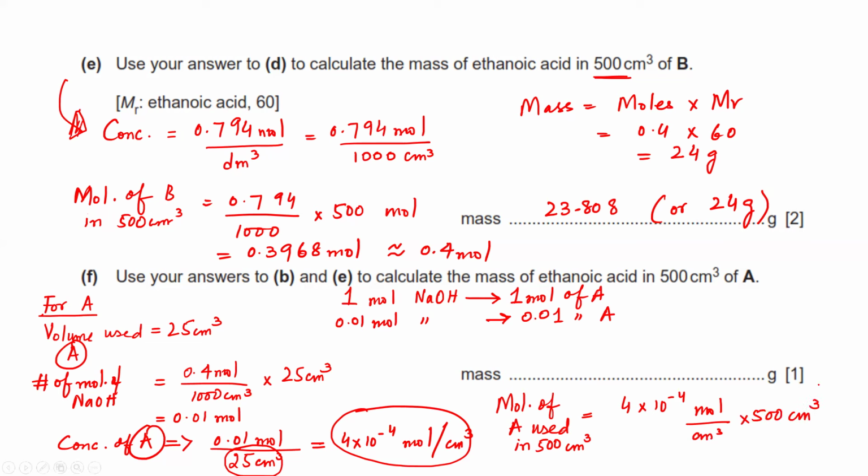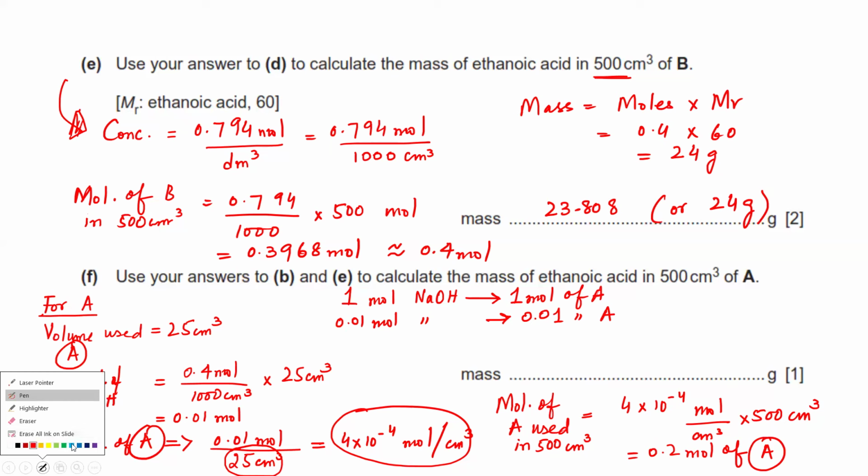So multiplying the value with 500, it comes out to be 0.2 mole of A. The vinegar used is 0.2 moles.